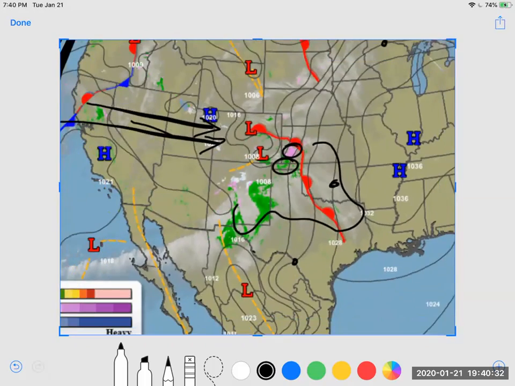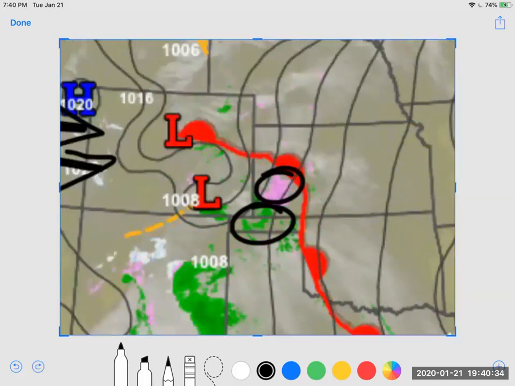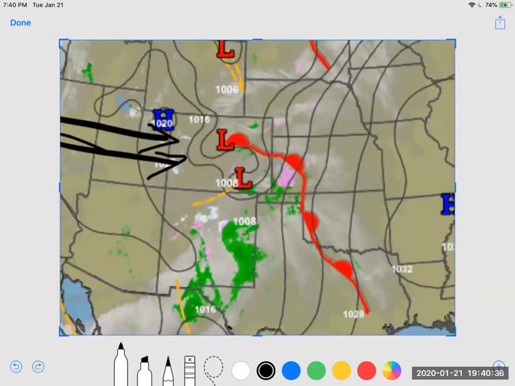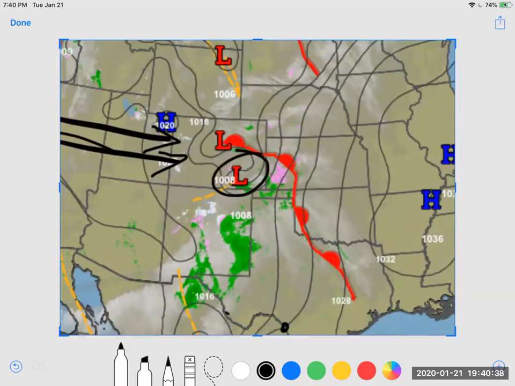So sure enough, the cause for these conditions would be this shortwave producing this associated low pressure system. Remember that the wind flow around this low pressure is generally counterclockwise, but also inward towards the low.